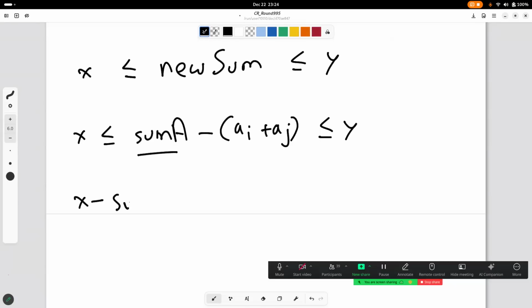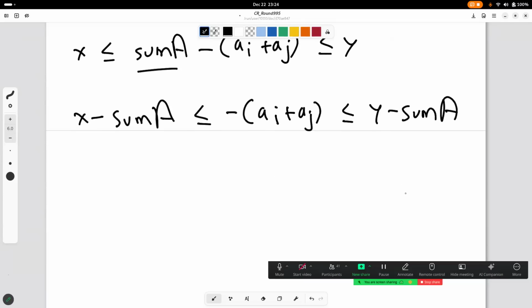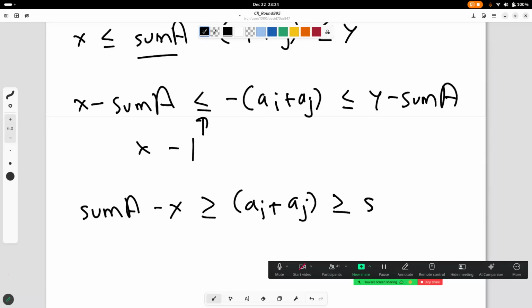So we have x minus sum of a less than or equal to sum of a minus sum of a, which becomes 0, so this would basically be negative a of i plus negative a of j, and less than or equal to y minus sum of a over here. Now we can multiply all these things by -1. That would flip these signs. So this would be like saying sum of a minus x is greater than or equal to a of i plus a of j, which is greater than or equal to sum of a minus y.